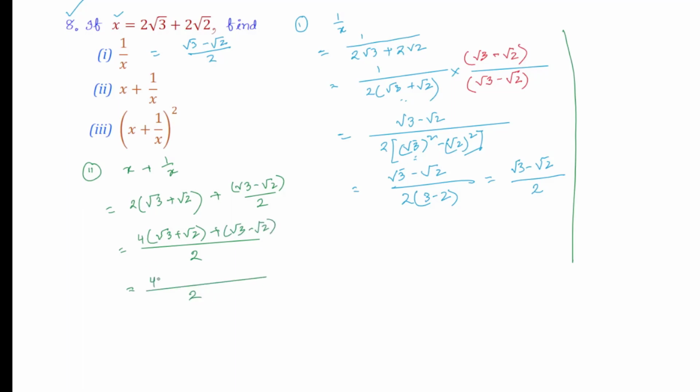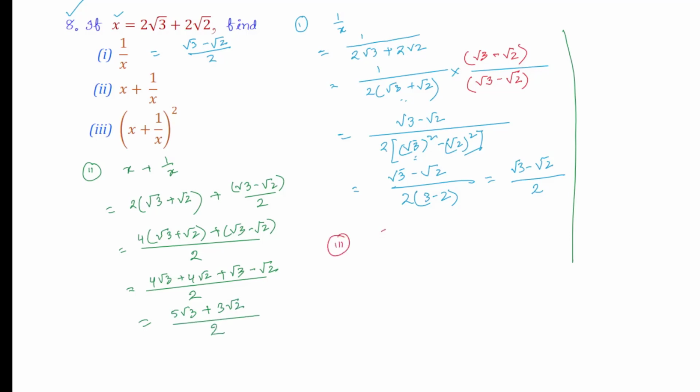So this is 4 root 3 plus 4 root 2 plus root 3 minus root 2. So 4 root 3 plus root 3 is 5 root 3, and 4 root 2 minus root 2 is equal to 3 root 2, divided by 2.